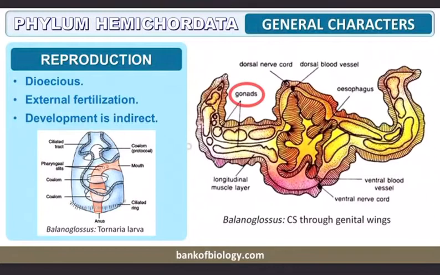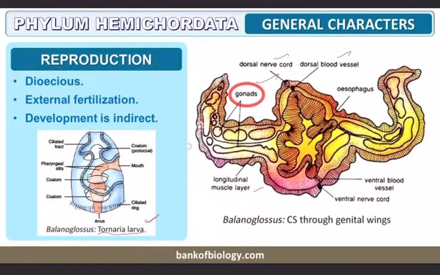Since they are marine, salinity is a deciding factor, viscosity is a deciding factor, surface tension is a deciding factor, and other animals living in the seawater also decide whether the zygote can survive after external fertilization. And development is indirect, and many times this question is asked in competitive exams.